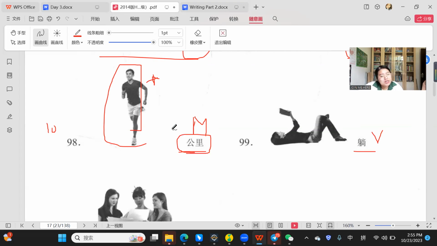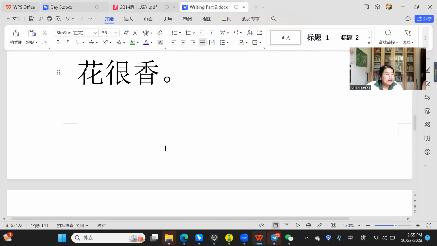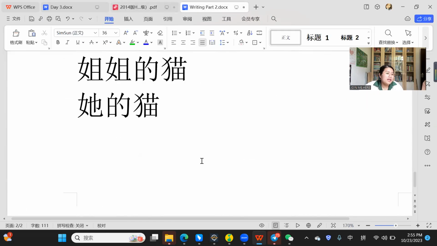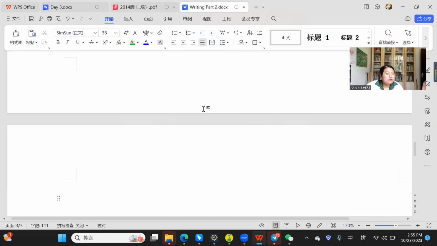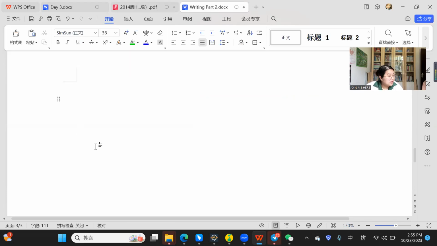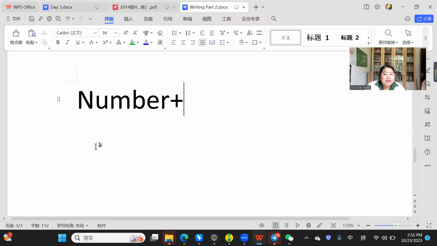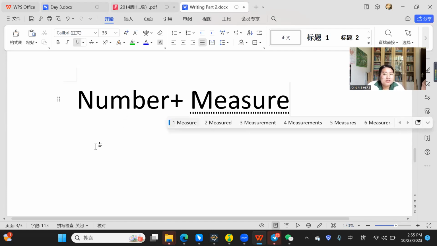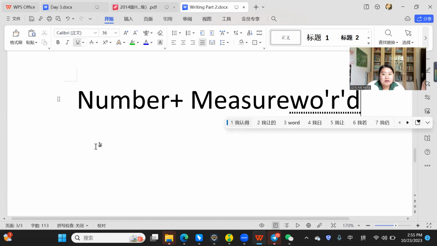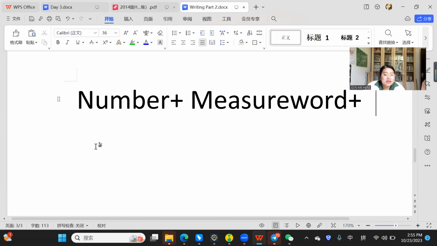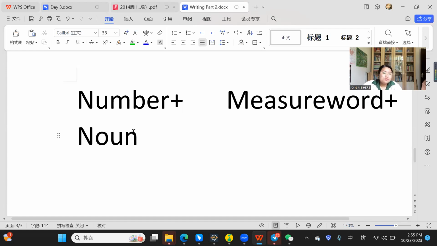For measure words, there are 3 patterns. Number 1 pattern is what we call 名量词, which means you have to use it in the pattern of number plus measure word plus noun. This measure word is working for this noun.